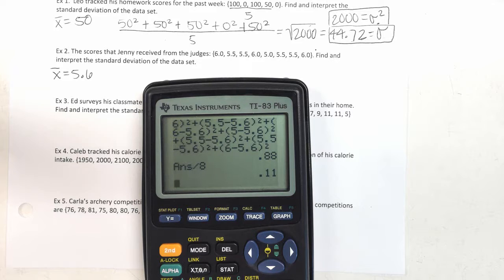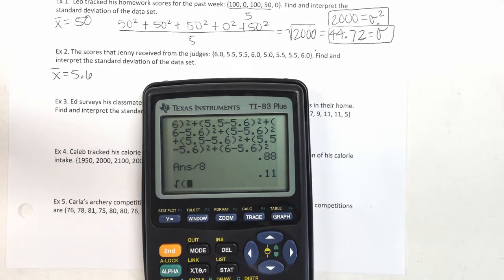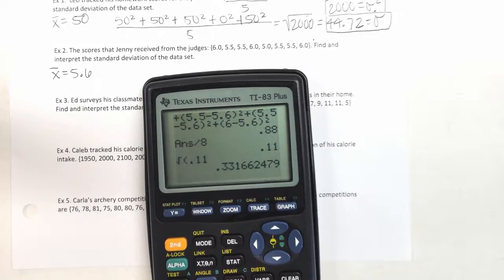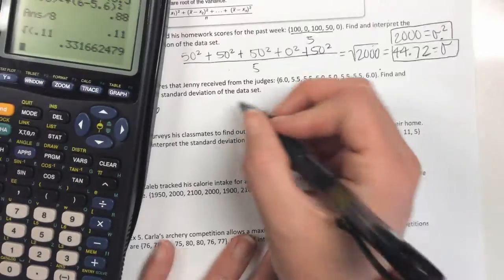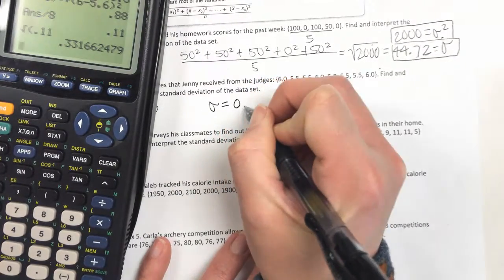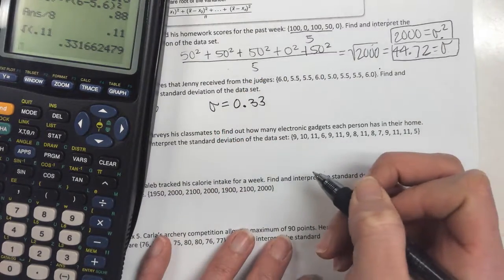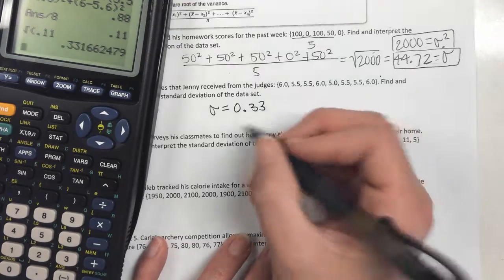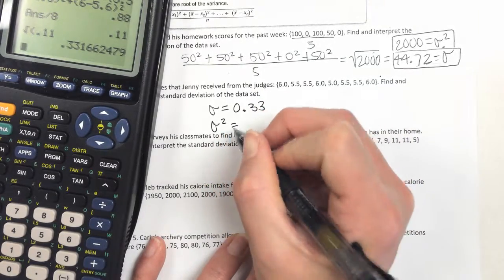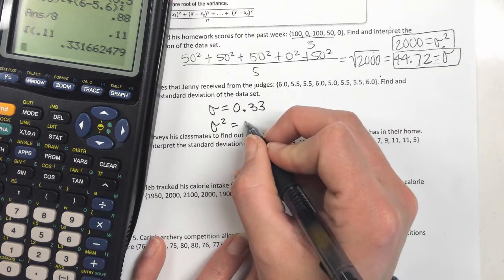Alright, the last thing we have to do is do what with this? Square root. So second square root of .11. And you should get 0.33. So what would be our variance? 0.11.